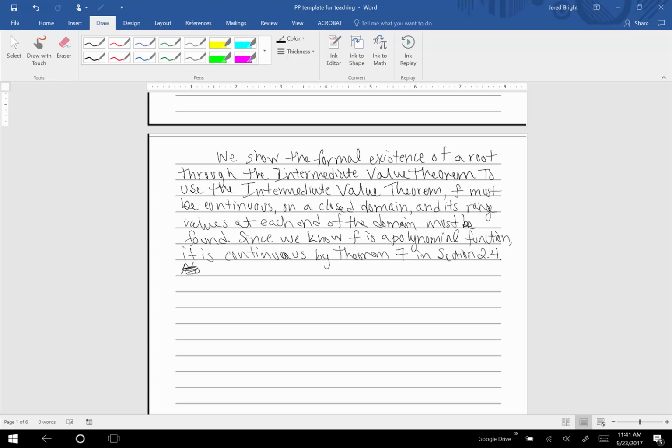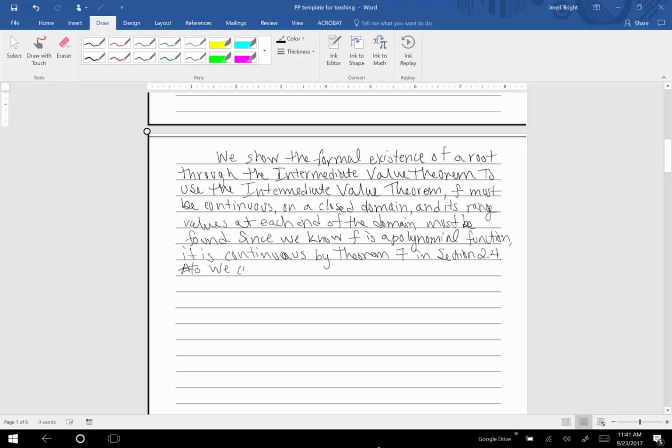Now the problem, if you actually look back on it, is on an open interval, right? 1 to 2 open. However, that's to show that there's a root in there. So we can actually expand the domain of f to be 1 to 2 inclusive.